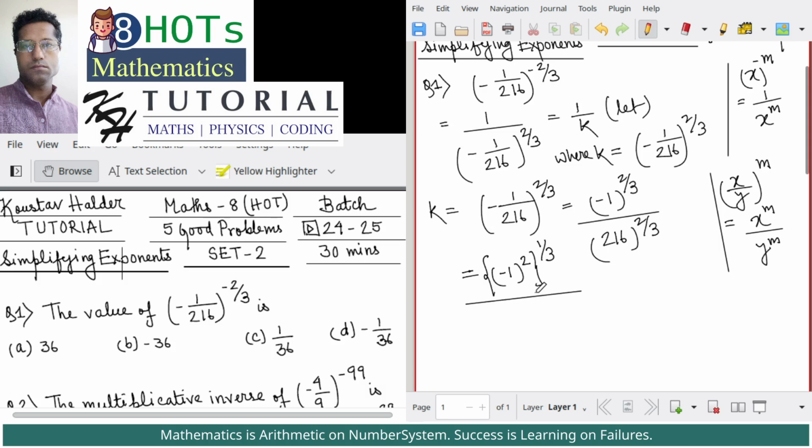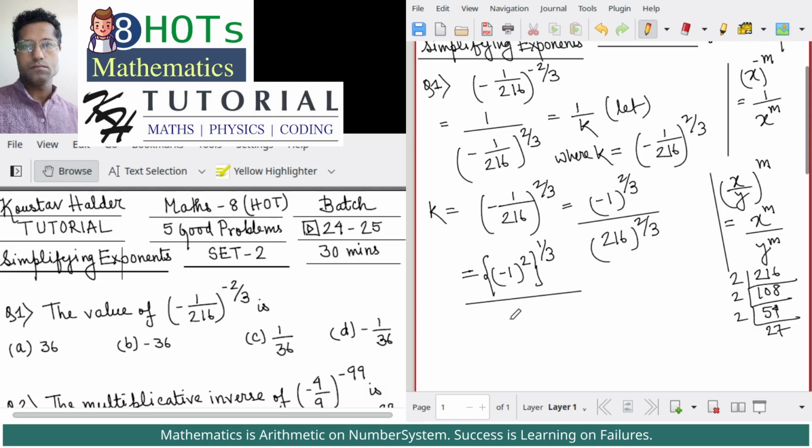Let's express 216 as a power of something. Let me quickly factorize 216. 216 is 108 times 2, then 54, and then 27.